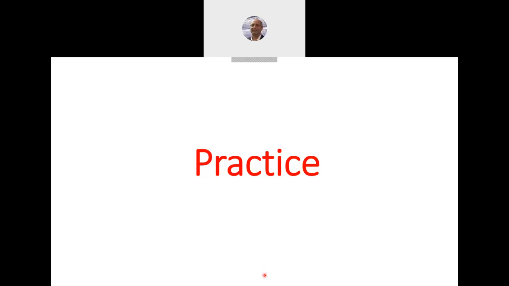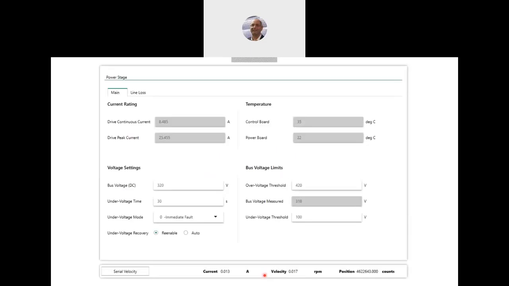Okay. So first, you can see here it's an example of one phase. So the bus voltage to the motor is 320. Usually when I show it to people, I ask them what is the AC input. I expect them to divide it by square root 2.